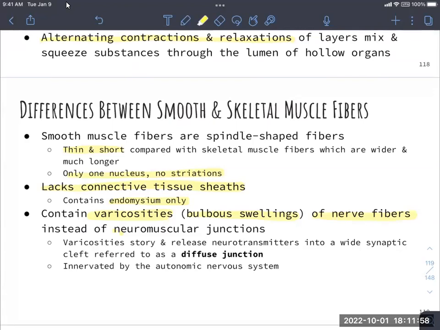Those varicosities will store and release neurotransmitters into that synaptic cleft when they need to contract for something. And that, in smooth muscle, is called a diffuse junction. Smooth muscle, of course, is innervated by our autonomic nervous system because we do not have control over it.